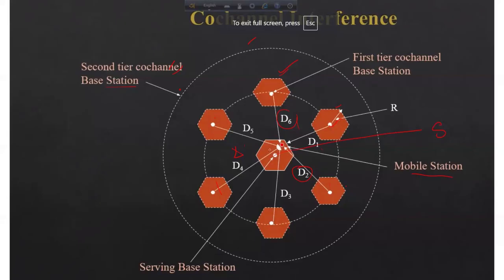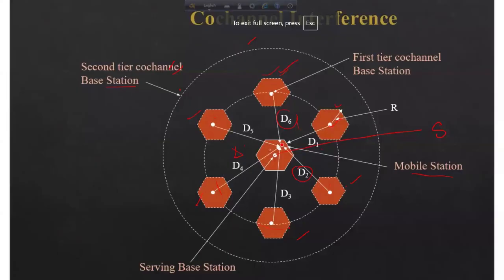My serving base station is one, but my interference creating cells are of multiple numbers. They are six in number: 1, 2, 3, 4, 5, 6. So there are six interfering cells.